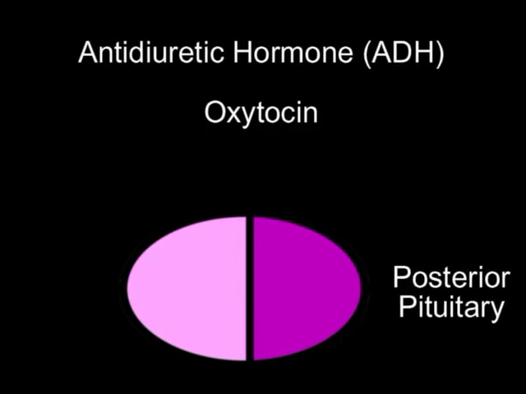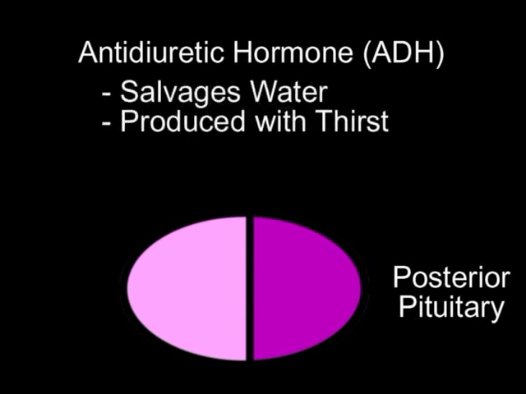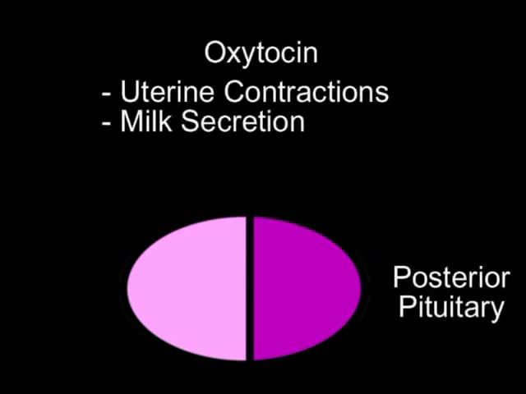At present, we recognize 2 hormones of the posterior pituitary gland. The first is ADH, or Antidiuretic Hormone. ADH is involved with the resorption or salvaging of water within the kidneys. ADH is produced under thirst conditions. The other is oxytocin. Oxytocin is concerned with the contractions of smooth muscle in the uterus and with milk secretion.